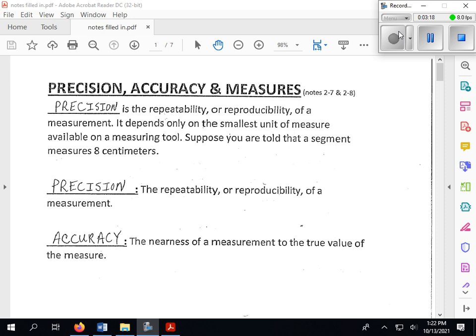And I probably shouldn't be using something like this, but since we do live in Preble County, if you're shooting a gun and it has a scope on it, and you're trying to sight in that scope, if that gun's shooting the same place every time, you're being precise, but does that necessarily mean that you're being accurate?